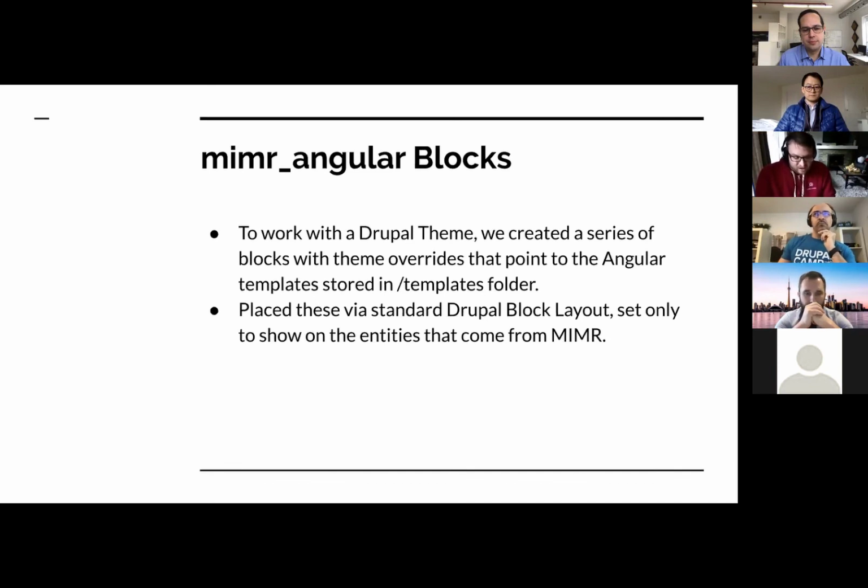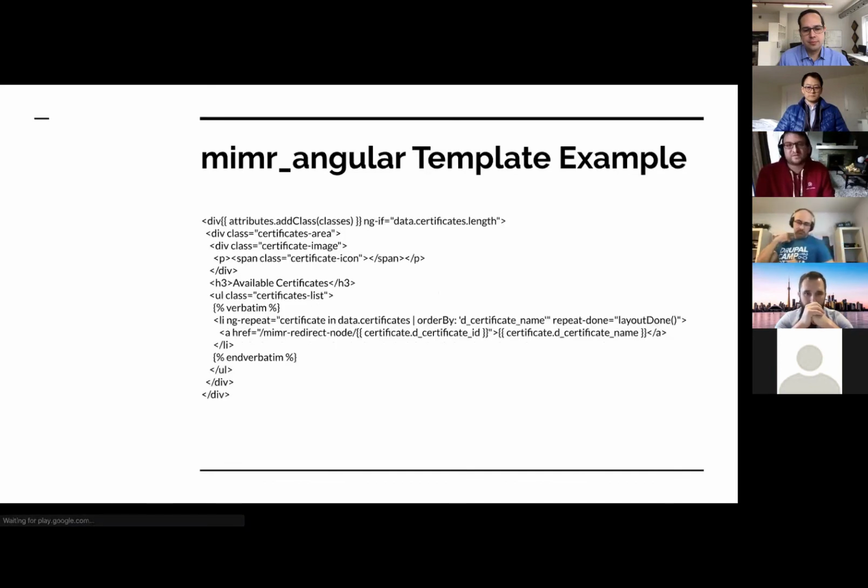From there, we start going into the actual templates themselves. This is an example of the certificates that are listed as part of a program. It's a pretty standard thing with a couple of Angular things thrown in.